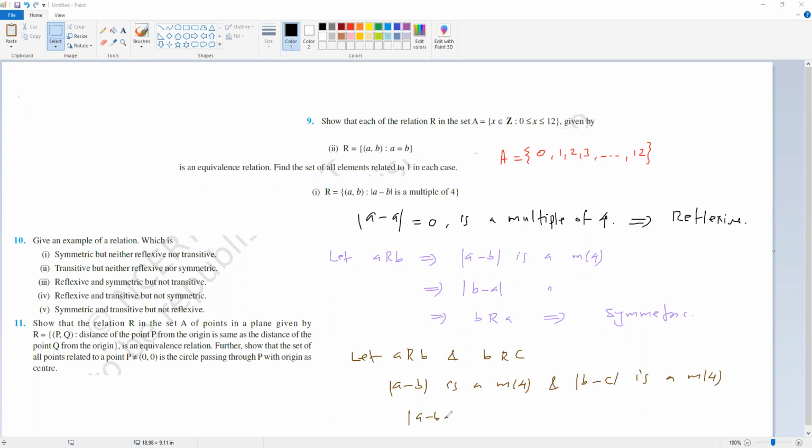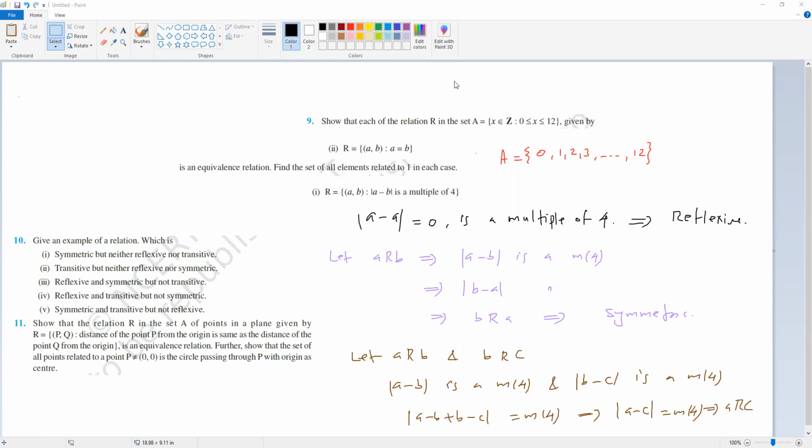If you add two multiples of 4, you will again get a multiple of 4. That implies a minus c is a multiple of 4, that implies a is related to c. So you can say that it is transitive. So reflexive, symmetric, and transitive, hence it is an equivalence relation. Okay? Understood?